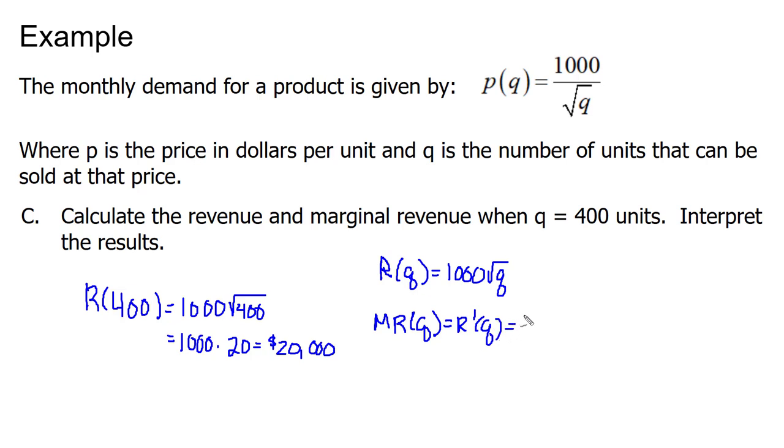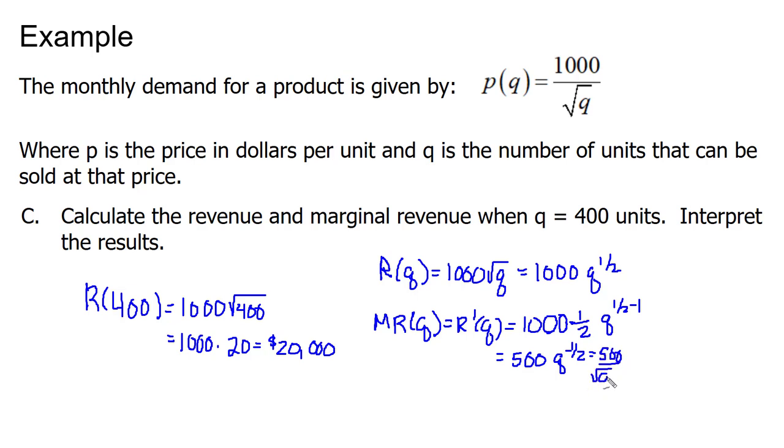We could rewrite this as 1,000 Q to the 1/2. So we're going to have times 1/2 Q to the 1/2 minus 1. So 1,000 times 1/2 is going to be 500, and we're going to have Q to the negative 1/2. So this is going to be 500 over square root of Q.